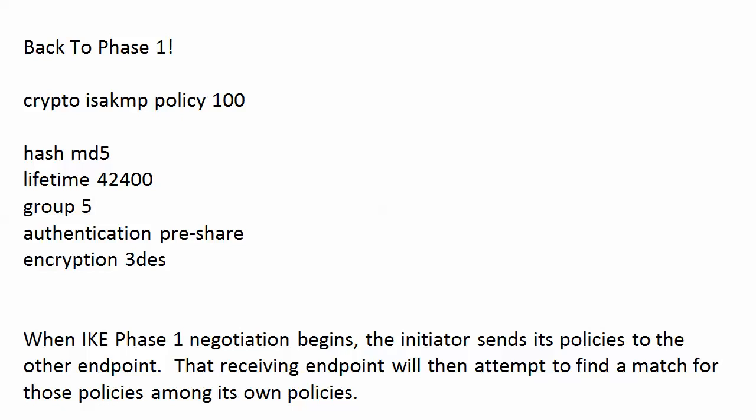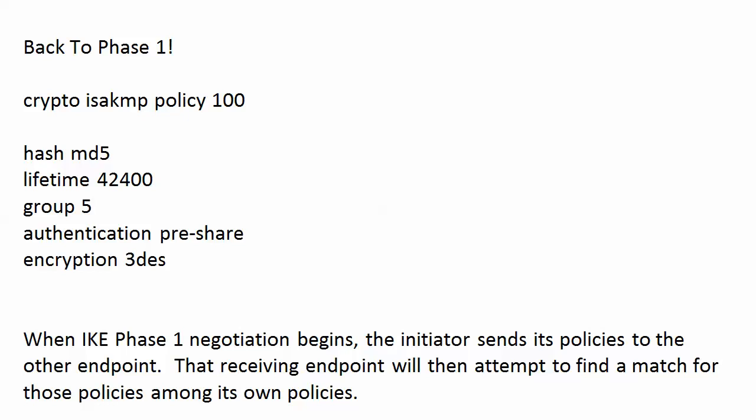Because when IKE Phase 1 negotiation begins, the initiator sends its policies to the other endpoint. And note that I did say policies because we can have more than one. It's very likely that we will have more than one. And that receiving endpoint is then going to attempt to find a match for those policies among its own policies.